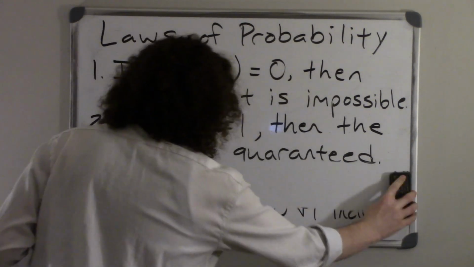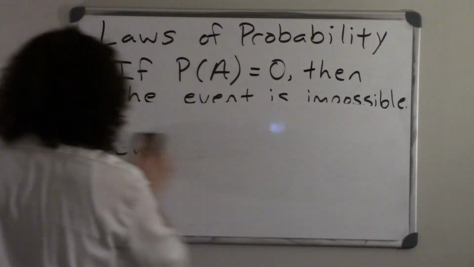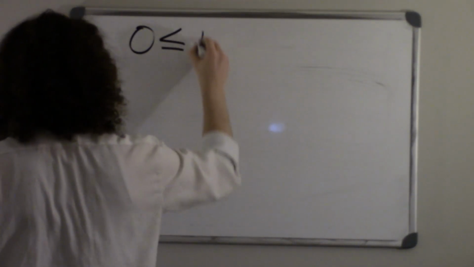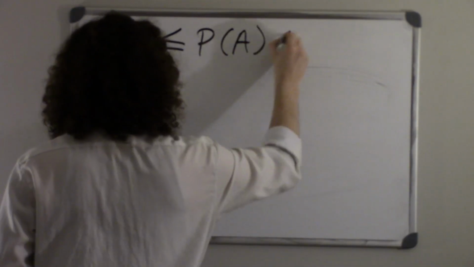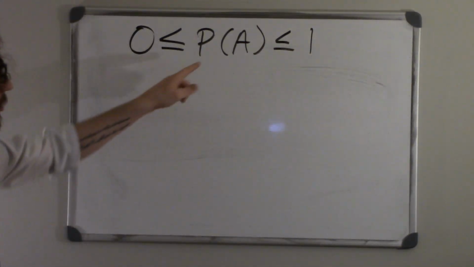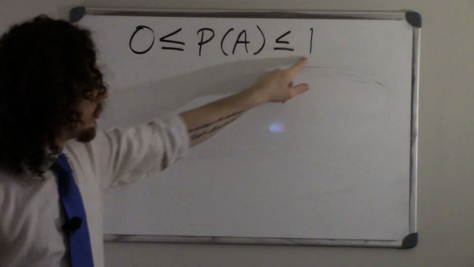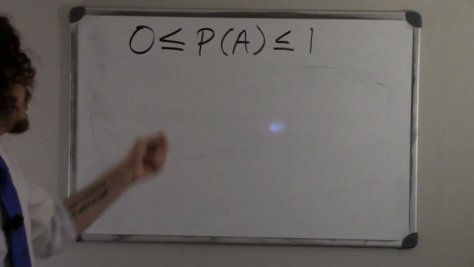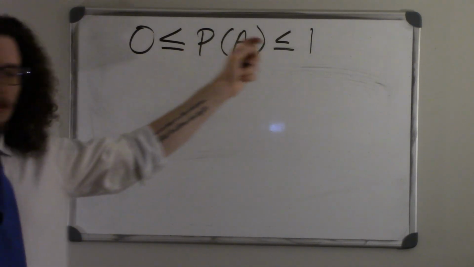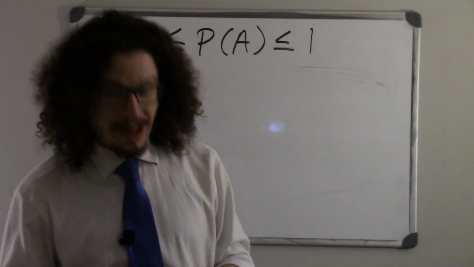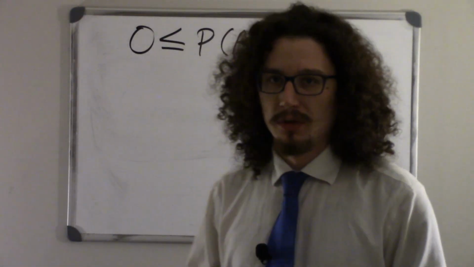Another way that we can write the third law of probability, my preferred way, is mathematically. So the probability of any event has to be between 0 and 1 inclusive. So it can be 0, it can be 1, but it can't fall outside of that interval.